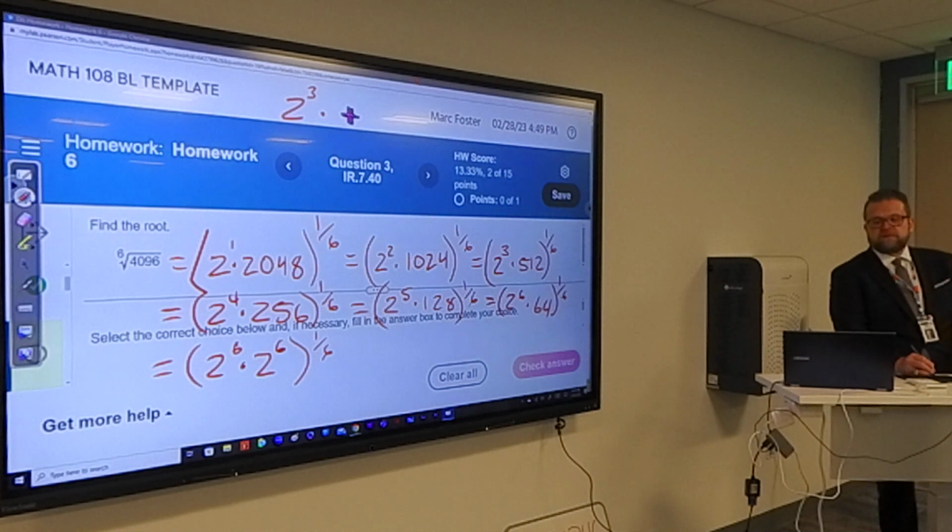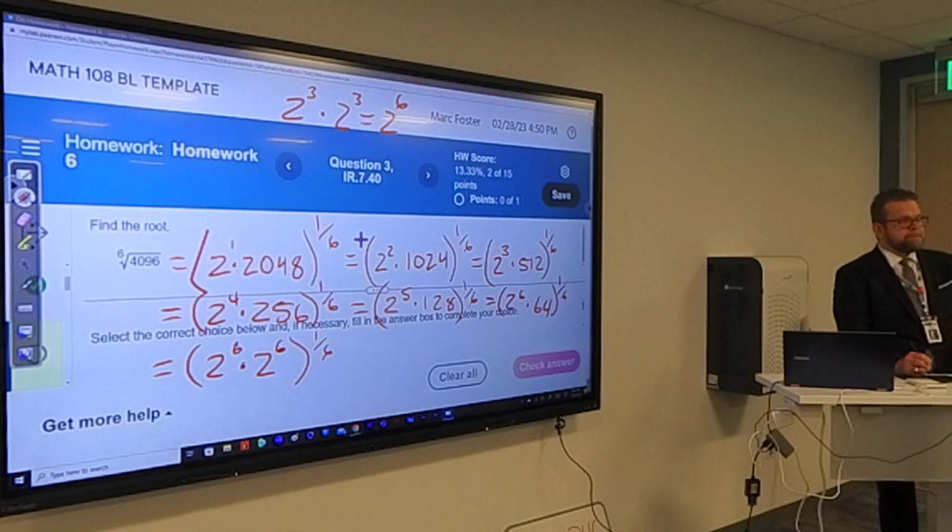This is 8, and then it's times 8. So 8 times 8 is 2 to the 3 plus 3, which is 2 to the 6. And very conveniently here, this is to the 1/6 power.